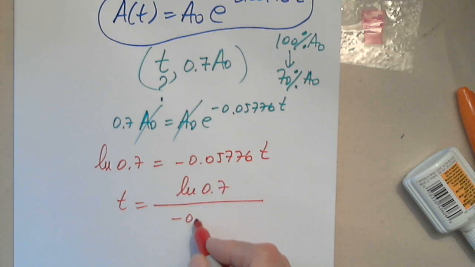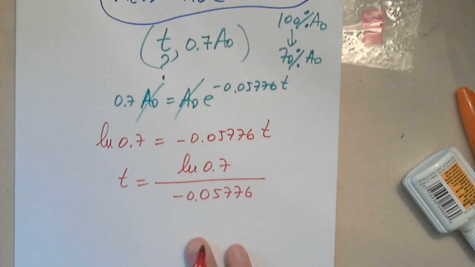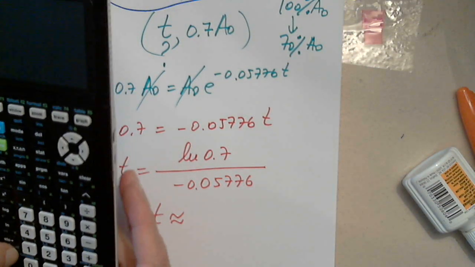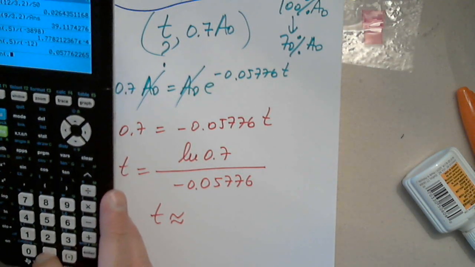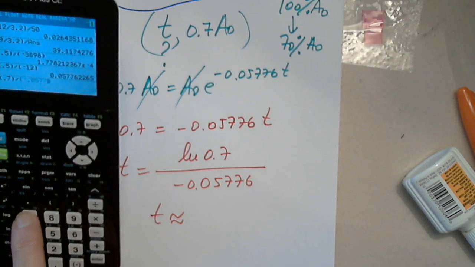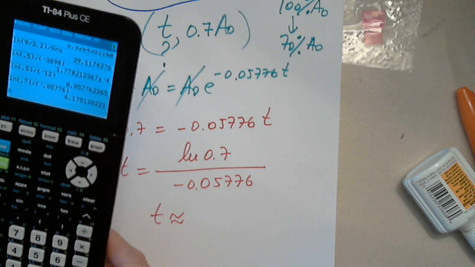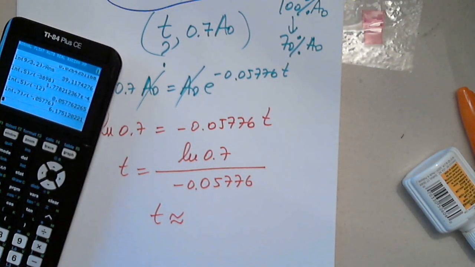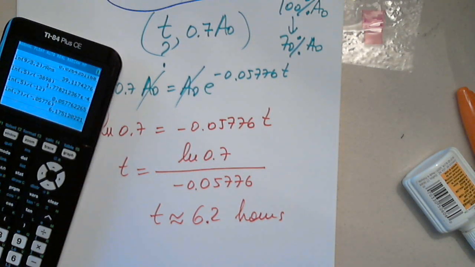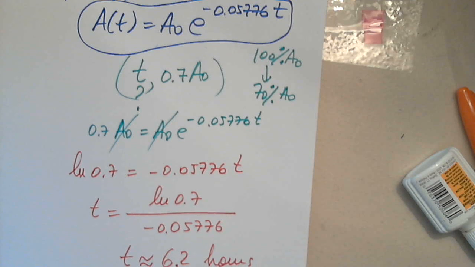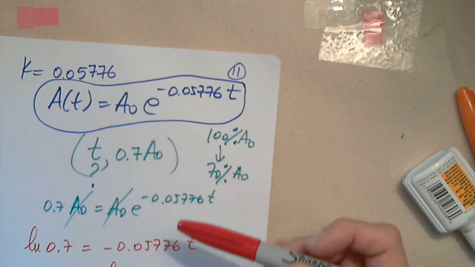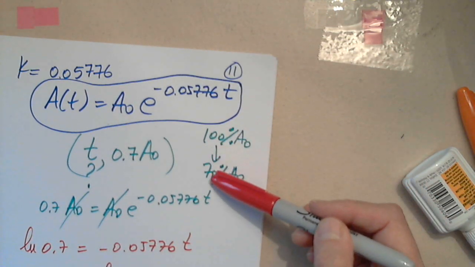Natural log 0.7 equals negative 0.05776 t. And t is approximately natural log 0.7 divided by, in parentheses, negative 0.05776, close the parenthesis. So in approximately 6.2 hours. Which makes sense, because it takes 12 hours for 100% to become 50%. It takes 6 hours for 100% to drop to 70%.